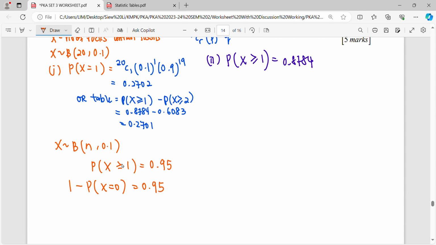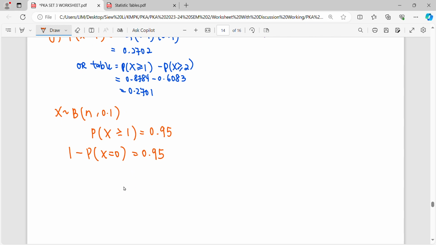So we cannot calculate 1, 2, 3, 4 until n because n we don't know. So why not change the direction? We take 1 minus the probability not involved, which is X equals 0. Simplify. Move the 1, it becomes negative. Negative divided by negative, 0.05. We put in our formula.